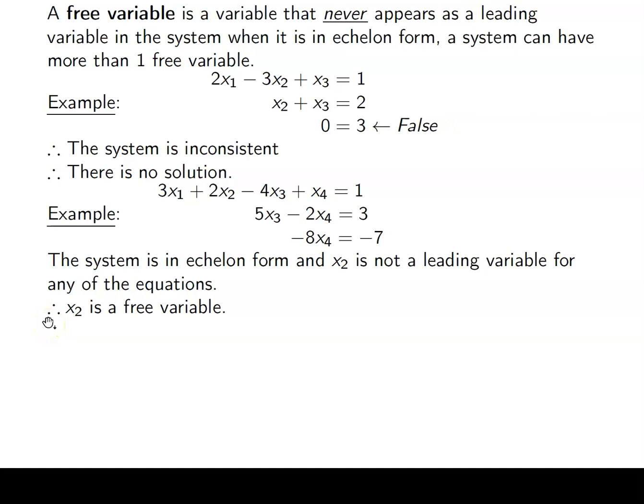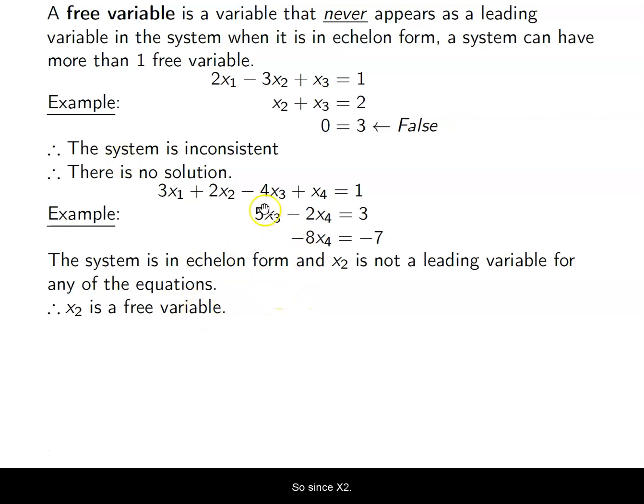Math notation is basically shorthand, a lot of symbols to represent bigger ideas. You're going to see this a lot. I use the therefore symbol all the time. Every time you see these three dots, it means therefore. I talk through what these things are, so you'll get used to their meaning fairly quickly.